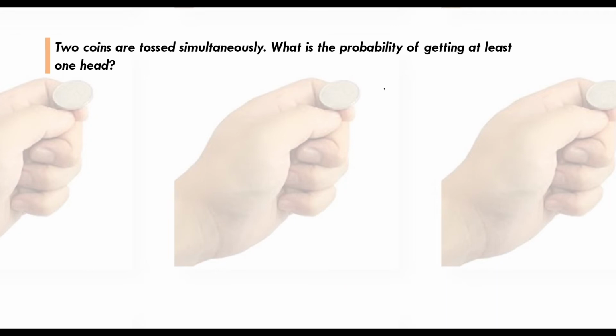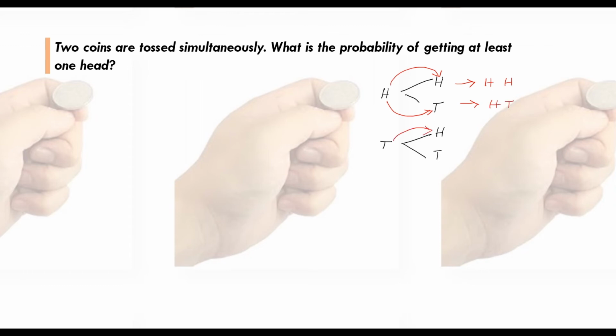For the first coin, we write head and tail. For the second coin, we write head, tail in this manner. Now, let us see what the outcomes may be. The first outcome may be head and head. The second outcome may be head and tail.